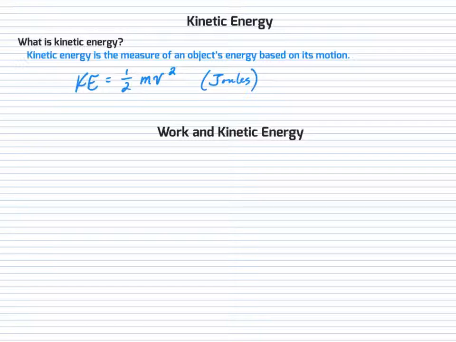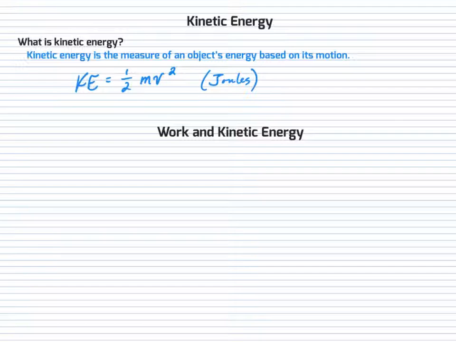So, how are work and kinetic energy actually related? We know just from this definition that if an object is in motion, it has kinetic energy. Now, when we think of kinetic energy, we need to be aware of when work is done. Work is done when a force causes a displacement, and we know that forces cause changes in motion, or acceleration.